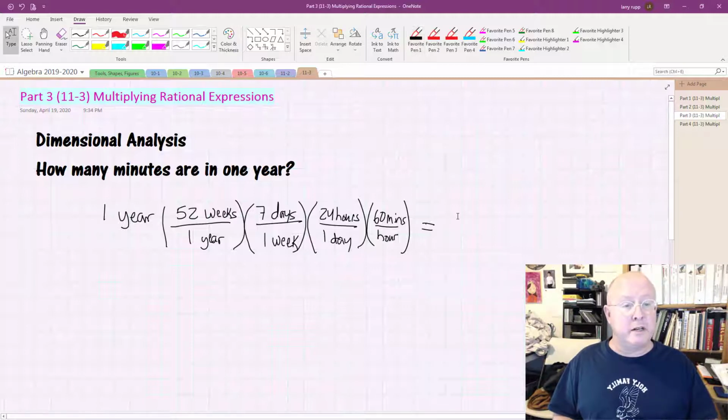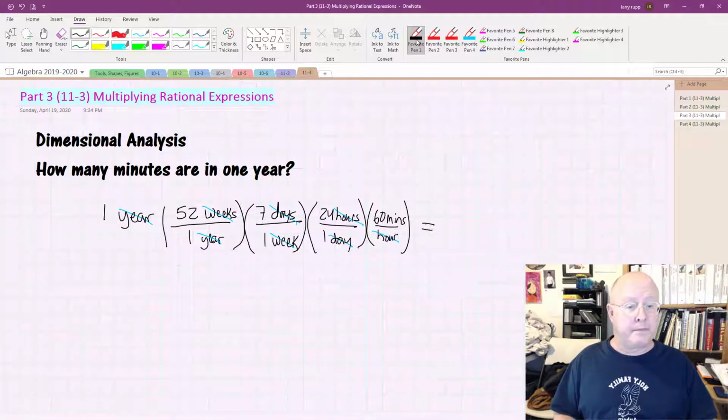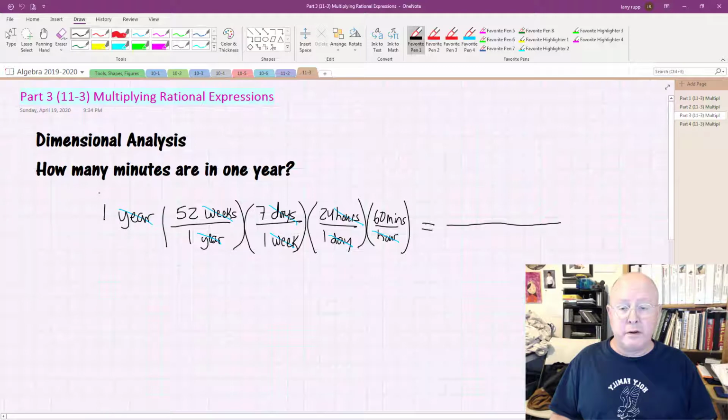So I'm going to change pen colors right here. And I'm going to take you back from the beginning. Year can cancel with year here. Weeks can cancel with week. Days can cancel with day. And then hour can cancel with hour. And what are we left with? On the top, we're left over here with a 1, a 52, a 7, a 24, and a 60.